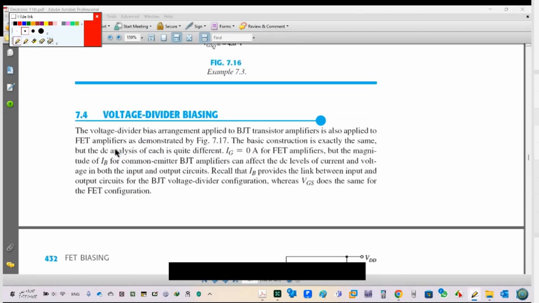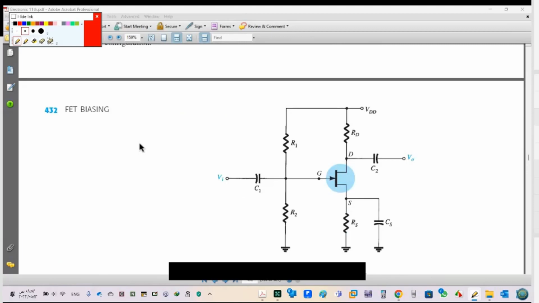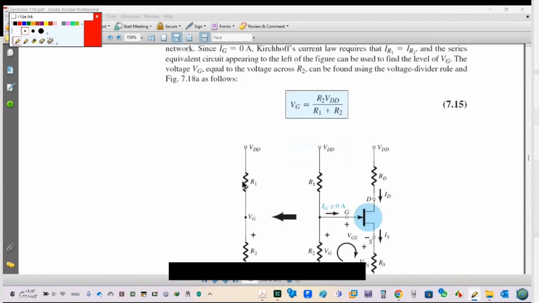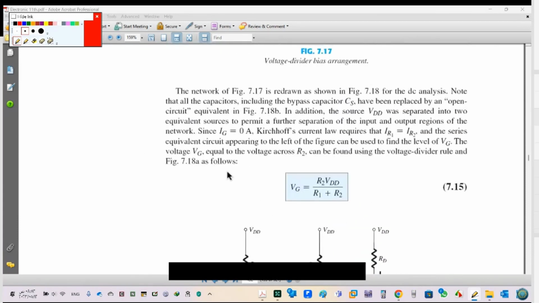Now, the third case is voltage divider bias. Same thing as for BJT. If you're with me in BJT, it will be easy for you. In BJT, if you remember, we studied Thevenin. We found V Thevenin and R Thevenin. Here, let's check this configuration. Same thing, here also you have to calculate Thevenin. This VG is V Thevenin, RT VCC over R1 plus RT.